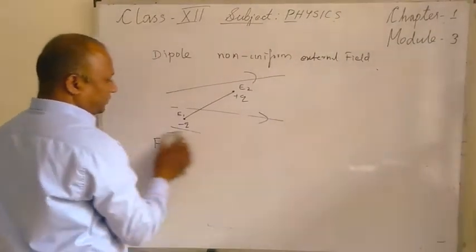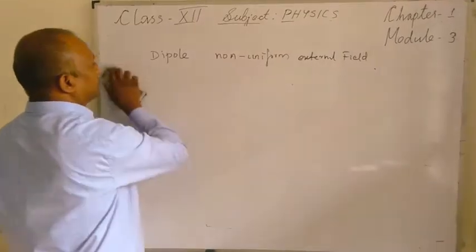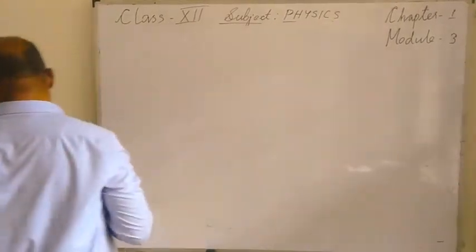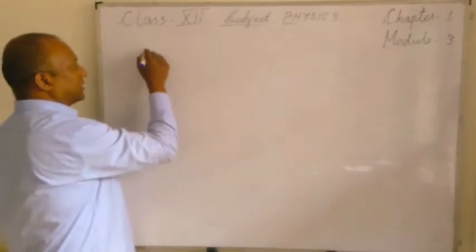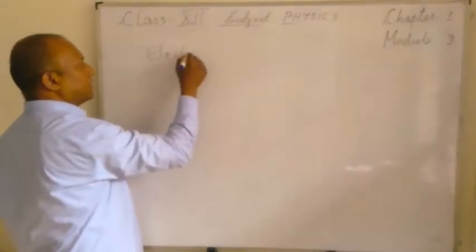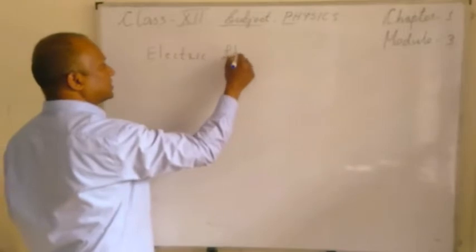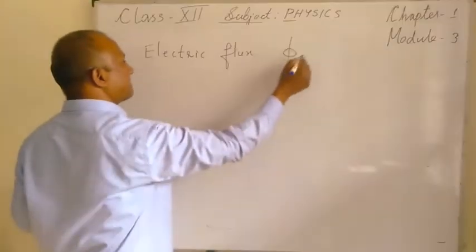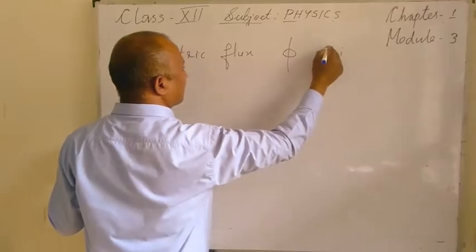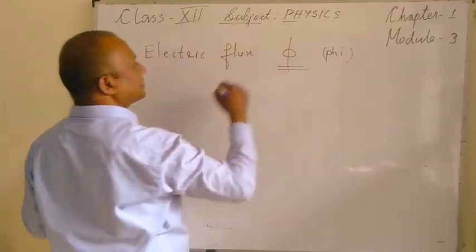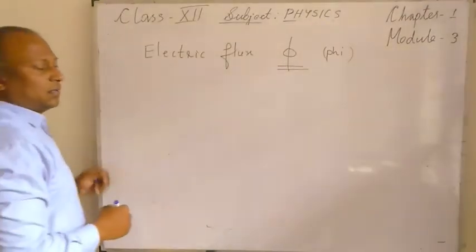So we go to the next topic, that is electric flux, and the symbol is phi. Phi is a Greek letter.